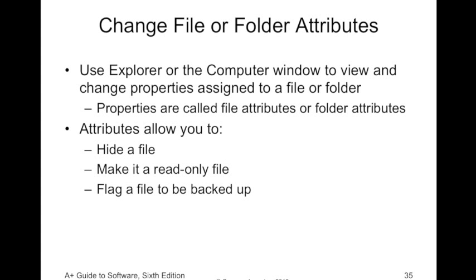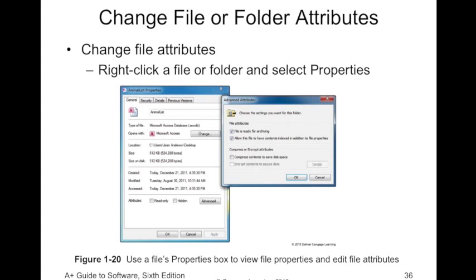One of the next major things we have to talk about is being able to change attributes of those objects. Again, an object is a file or folder. What happens if we want to make a file read-only, or if we want to make it hidden? Normally we right-click on any object, and then we select what attributes we want it to have. For example, we right-click on Animal List, click on Properties.